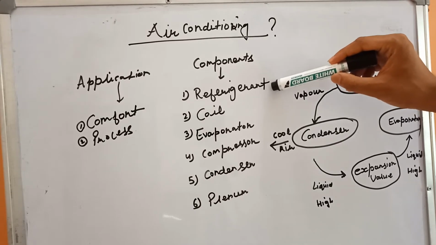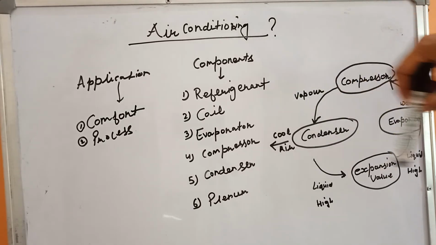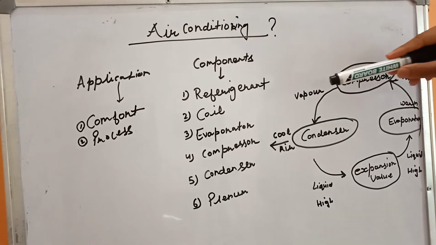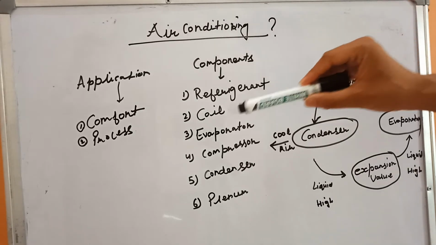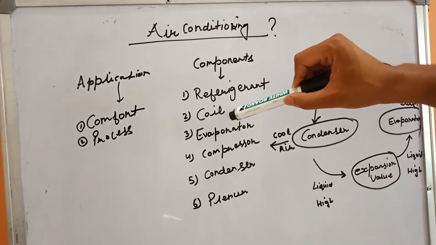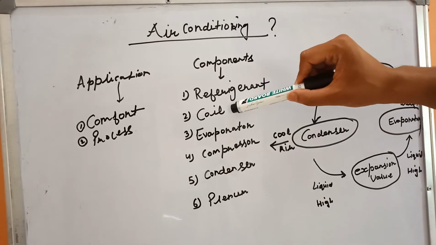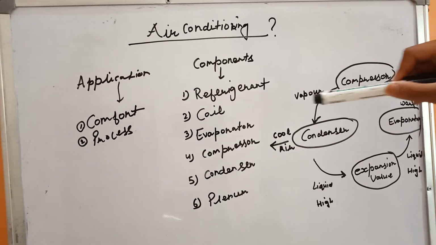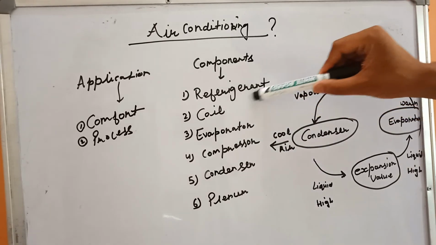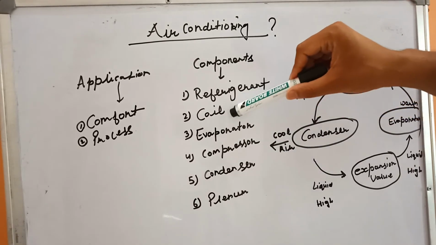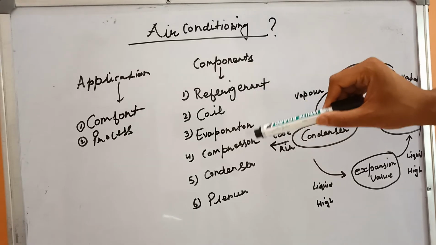Refrigerant is a liquid which circulates through the whole cycle. Coils are the tubing loops which form the tube-like structure, and refrigerant is transported in this coil.